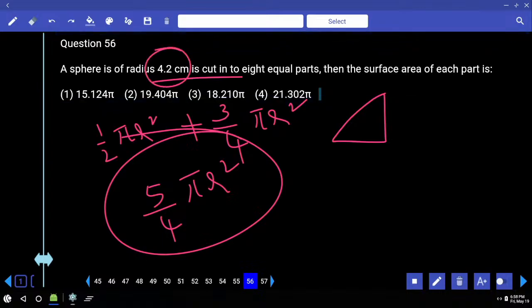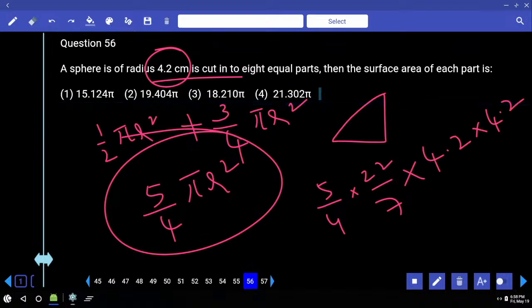Here the radius will be 4.2 only. 5/4 into 22/7 into radius is 4.2 into 4.2. క్యాల్కులేట్ చేసి వేసుకోండి, ఎందుకంటే దీనికి 11 multiple మనం చూడలేం, బికాస్ పైల్లో ఇచ్చాడు కాబట్టి. ఆన్సర్ లేదు దాంట్లో.